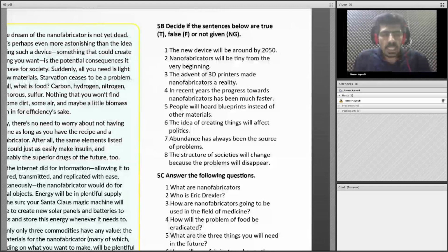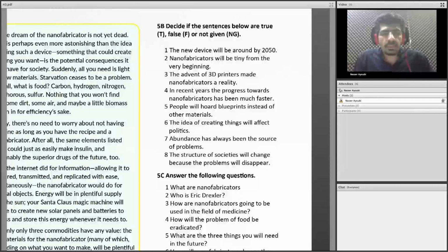Okay, part B, decide if the sentences below are true, T, false, F, or not given, G. Number 1, the new device will be around by 2050. That is true. Number 2, nanofabricators will be tiny from the very beginning. That is false.